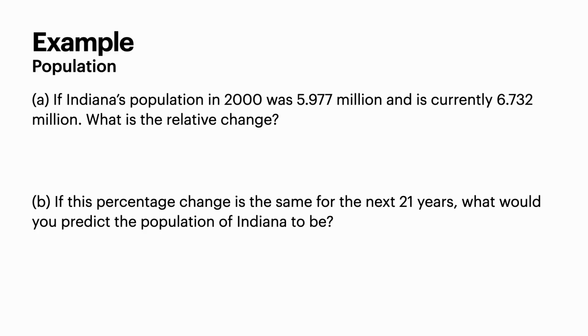Part B, if the percentage change is the same for the next 21 years, what would you predict the population of Indiana to be? Okay, so first find the relative change from today from 2000, and then you can find it from today and then in 21 years. All right, so pause this video and see if you can't find it.